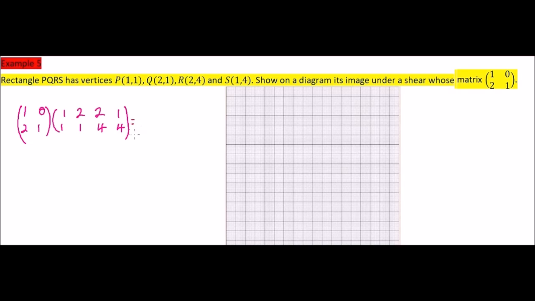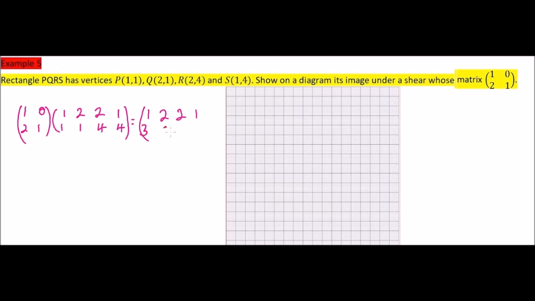When you multiply that, you get the vertices of the image. So 1 times 1 plus 2 times 0 gives you 1, 1 times 2 is 2, and so on. Generally, this will repeat the first row. Then the second one is 2 times 1, that is 2, plus 1 times 1, that will give you 3.